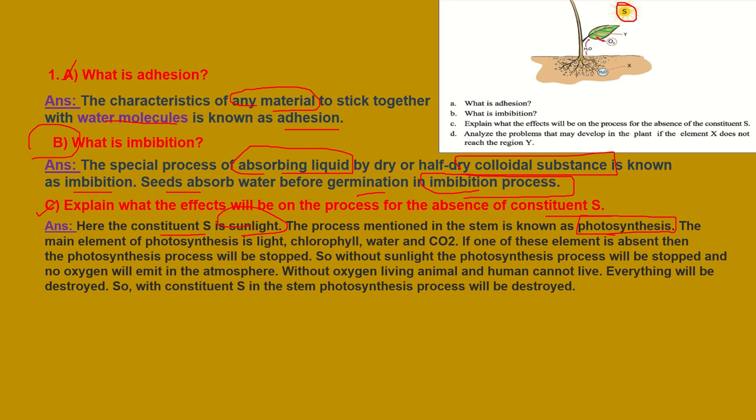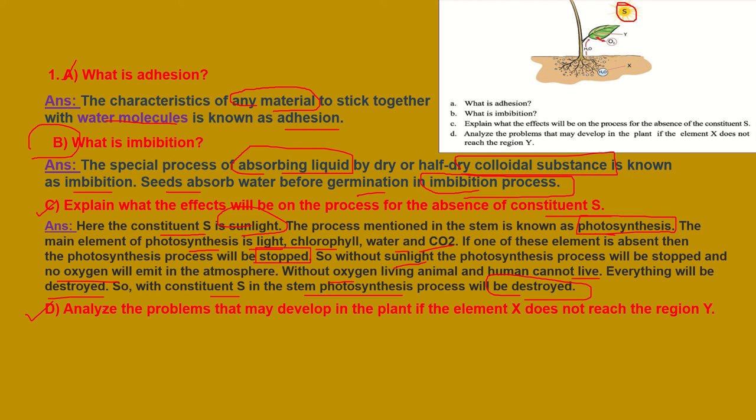The main elements of photosynthesis are light, chlorophyll, water, carbon dioxide, and if one of these elements is absent, then the photosynthesis process will be stopped. So without sunlight, the photosynthesis process will be stopped and no oxygen will be emitted in the atmosphere. Without oxygen, living animals and humans cannot live and everything will be destroyed.